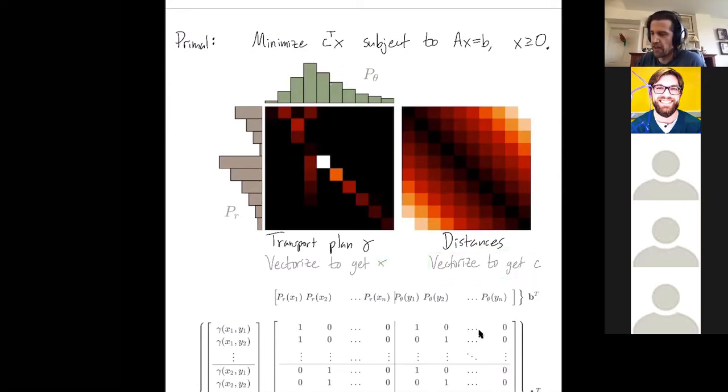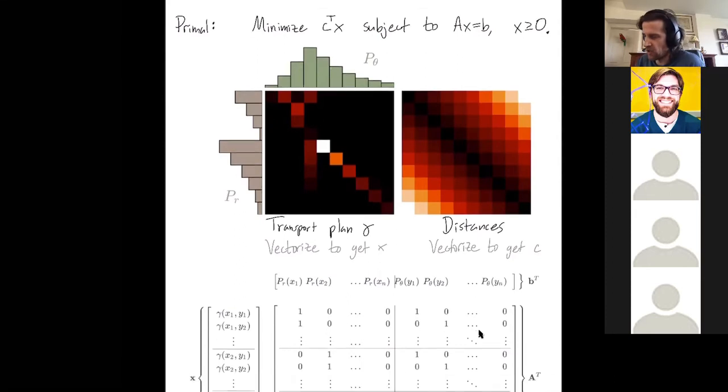So we're trying to minimize the sum of pairwise products. Each pairwise product is how much mass was moved from I to J times the distance from I to J. X, our transport plan, actually has to be a transport plan. So this matrix-vector equation AX equals B encodes that for us.